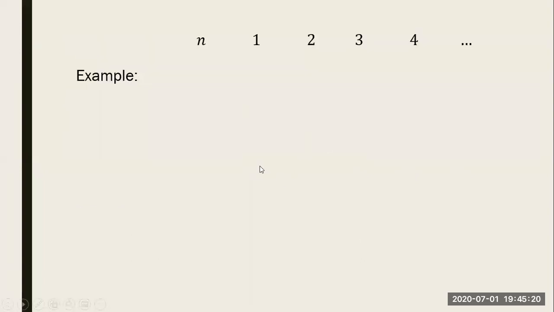Okay, another example. We have n is 1, 2, 3, 4, and then remember these three dots, ang ibig sabihin na continuous. So, yung sequence natin 4, 7, 10, 13, and so on.